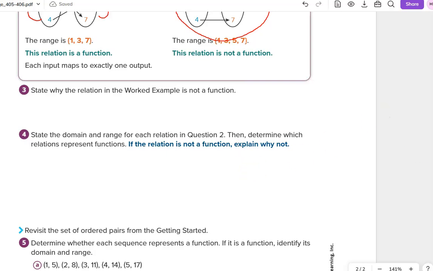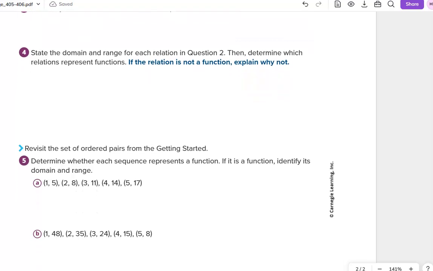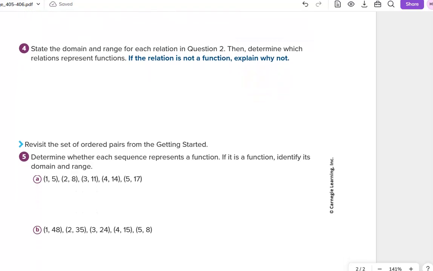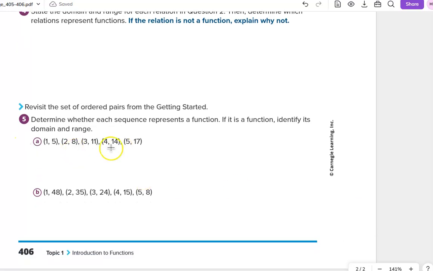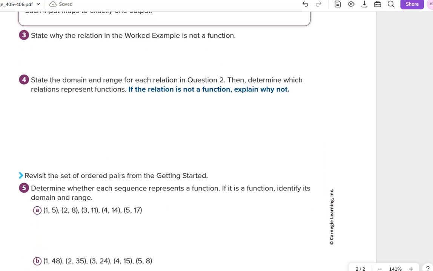And then number 5, it says, revisit the set of ordered pairs from the getting started. Determine whether each sequence represents a function. If it is a function, identify its domain and range. So they gave it to us. So we're going to look at those, A and B.